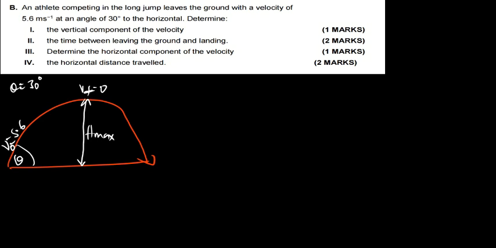Now allow me to put point A, point B, and point C for some reason. It's basically the same as you have something like this. So I have my velocity to be 5.6. Okay, let me just put it like this.